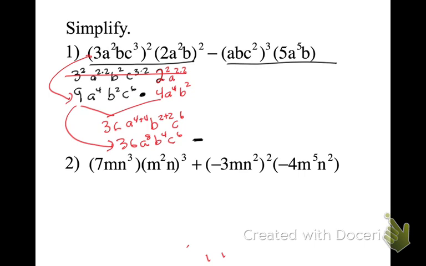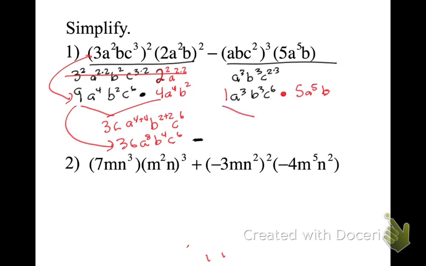Let's start with black. A is to the third, b is to the third, and c is the second times the third. So that becomes a to the third, b to the third, c to the sixth. Times 5a to the fifth, b. What is the coefficient of that first term? It's a 1.